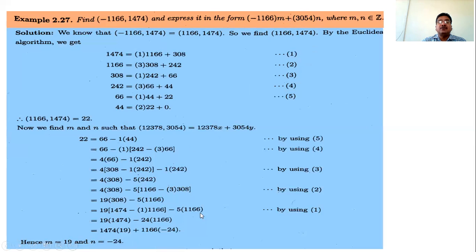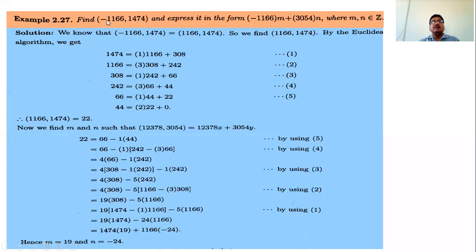So n is 90. So the answers are: m is 24, because we write the negative sign to this number, 1166 into 24, and n is 90. And if you calculate this, then we have the answer 22.